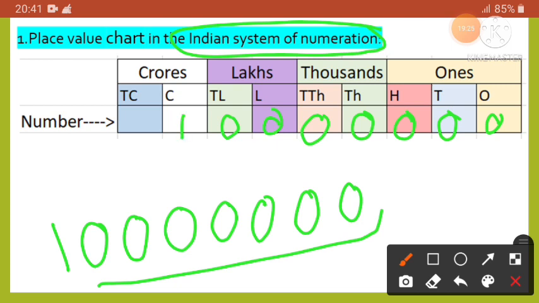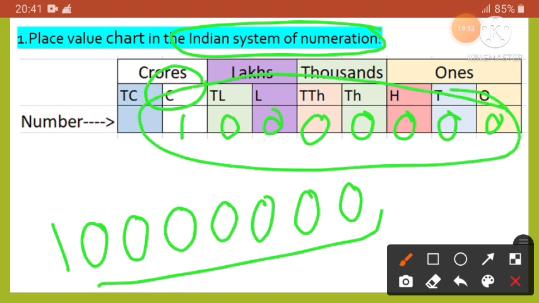Okay, here we are moving one place further to the left, and the last position is the crore place. So the digit 1 comes in the crore place. Thus in the Indian system of numeration we can say that this number is 1 crore.